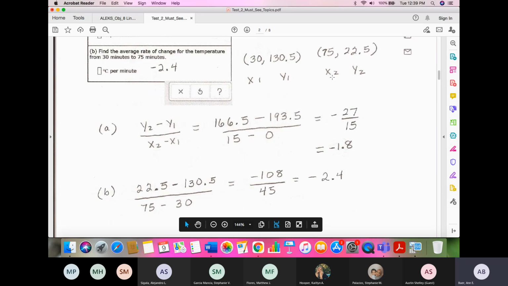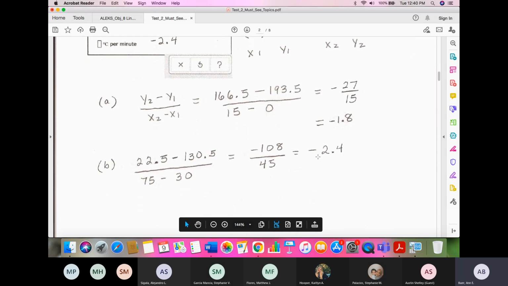In this case, y2 is over here, 22.5, minus y1, which is 130.5, over x2, which is 75, minus x1, which is 30.